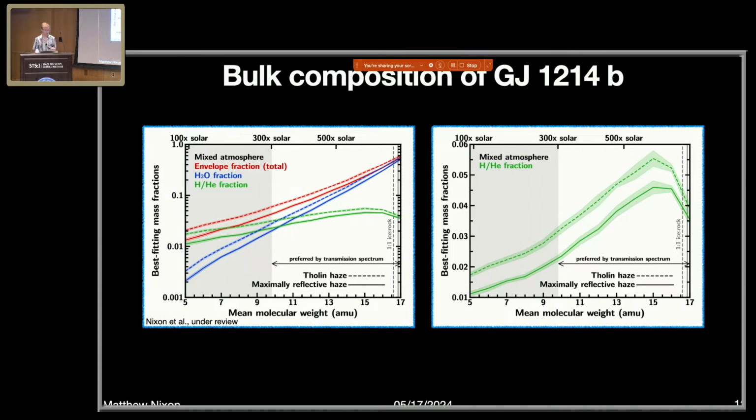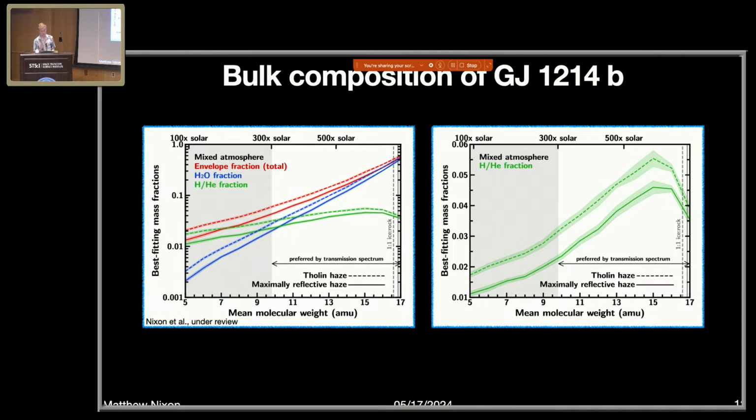You can see how the bulk mass fractions of hydrogen and helium and of the total envelope change considerably as you change the atmospheric composition of the planet. Now, the bulk H2O fraction here is for the mixed atmosphere, so we have hydrogen, helium, and water all mixed in. I would say that the bulk H2O fraction should be taken with a grain of salt because there could be additional water partitioned in the core, but that shouldn't affect the hydrogen-helium mass fraction for the planet too much.